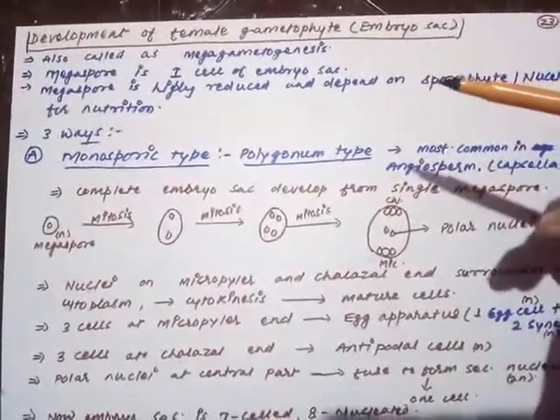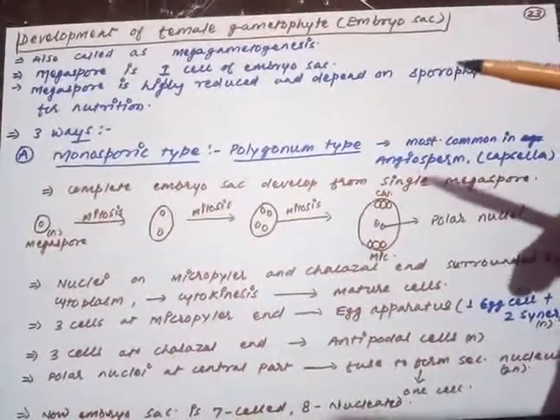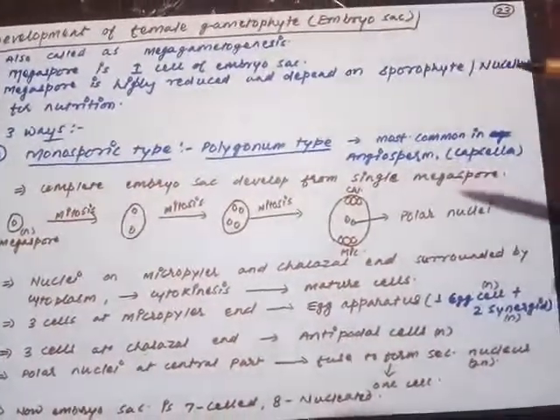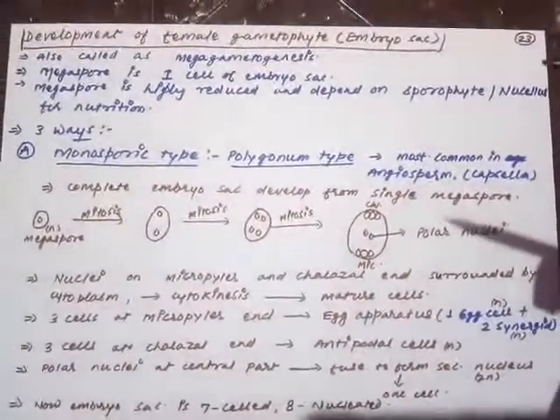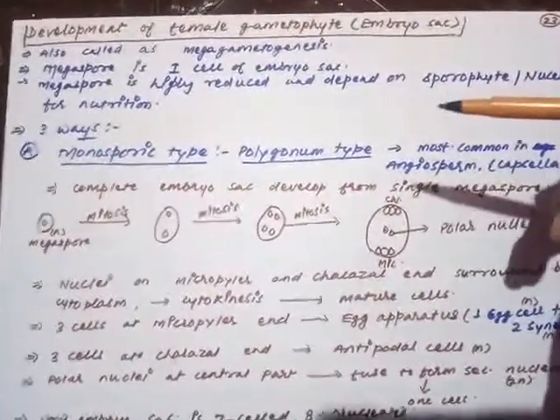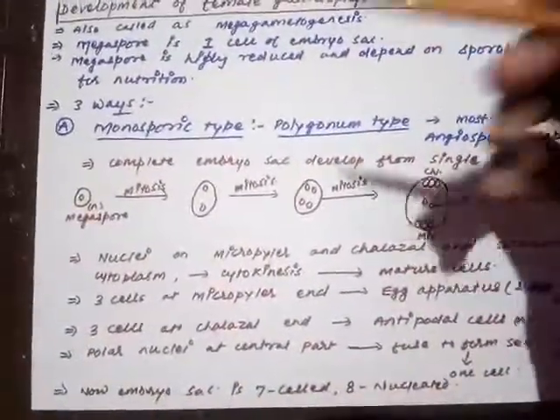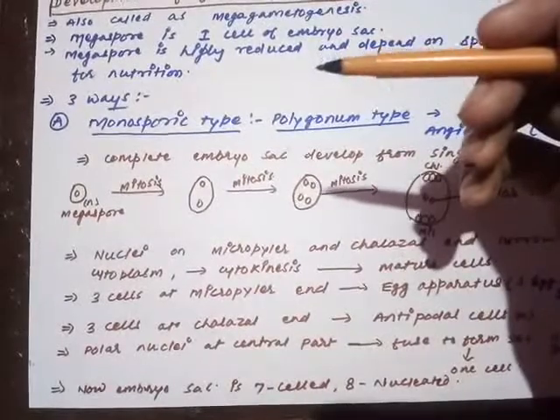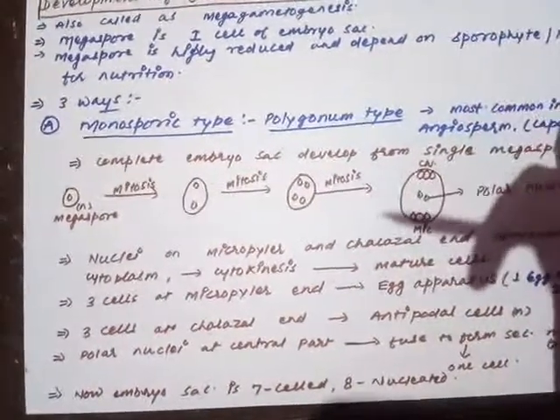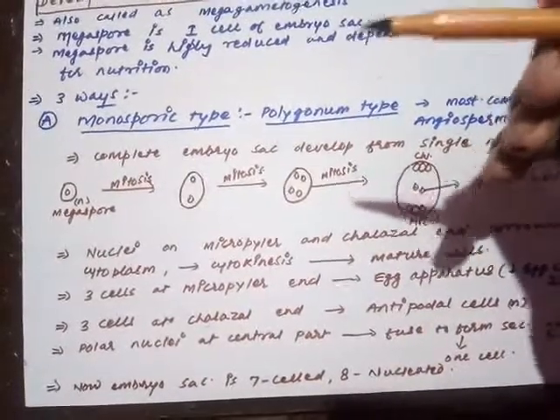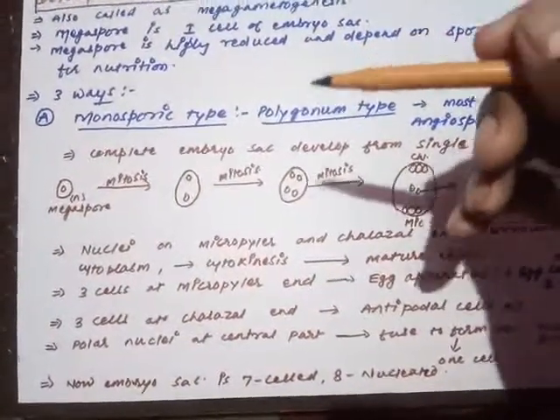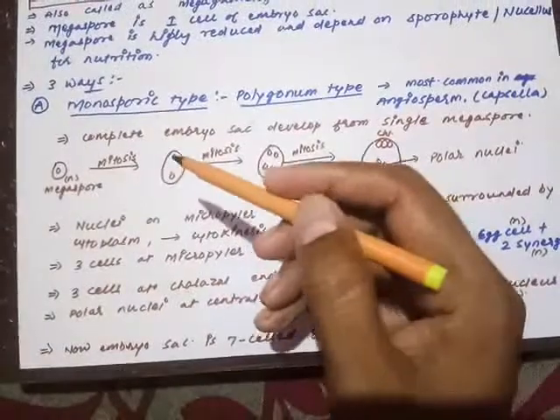So the megaspore is highly reduced and cannot generate its own nutrition; for absorbing nutrition it has to depend on the sporophyte, that is the nucellus. So how is the megaspore going to convert into the megagamete, and how is it going to develop the female gametophyte or embryo sac? We are just going to see the process.